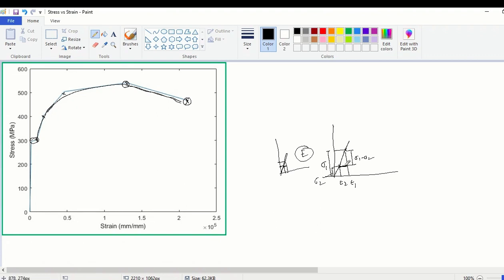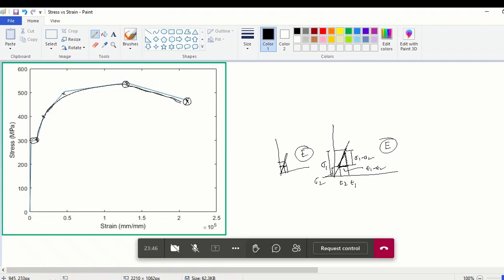Then the difference is epsilon 1 minus epsilon 2. Right? So if you know these two values, you can find the slope. The slope is actually E. Okay. Yes, sir.